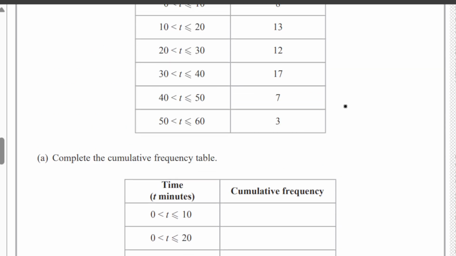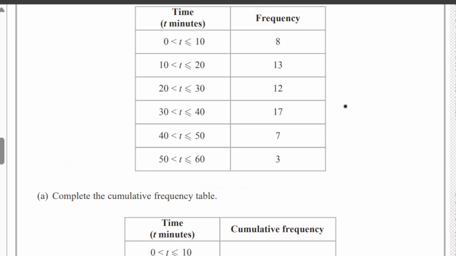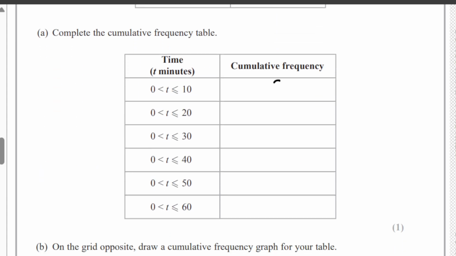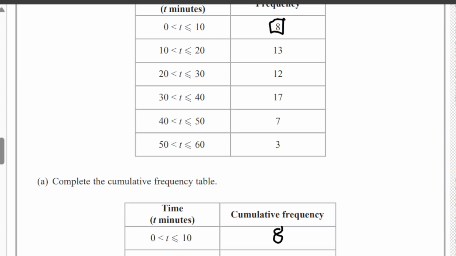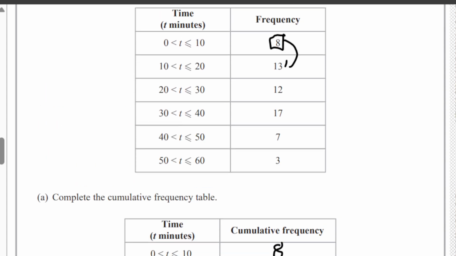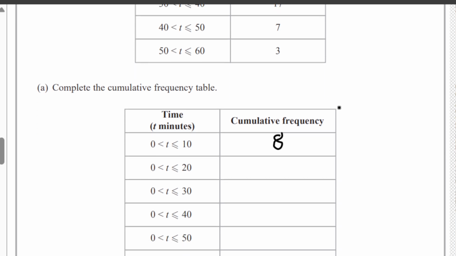Let's do this together. To do the cumulative frequency table, you start by writing the same number. So the 8, I'll just copy it here. And then I'll add 8 plus 13. 8 plus 13 is 21. So I write it here.